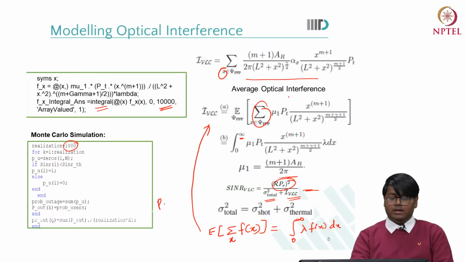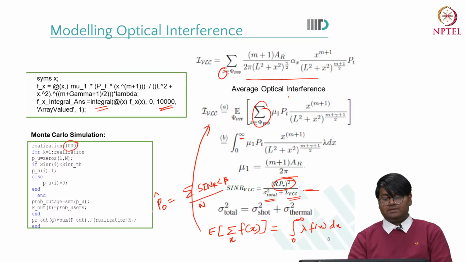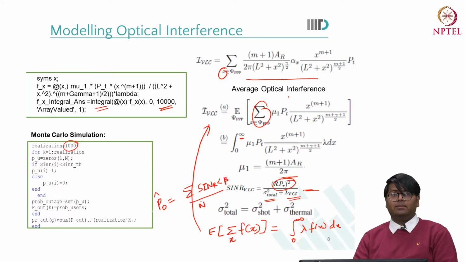In order to calculate the outage probability, we count the number of times the SINR is less than some SINR threshold, let us say beta. Accordingly, we find the simulated outage probability by dividing that count by the total number of simulation runs.